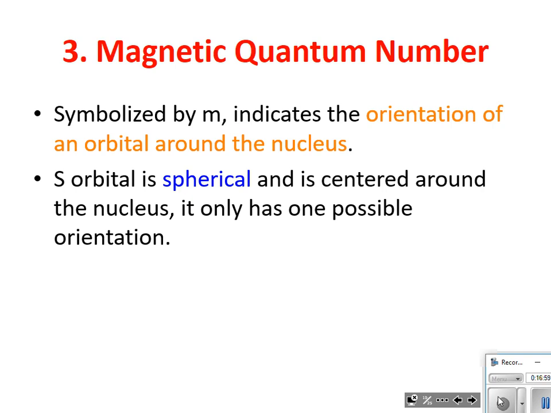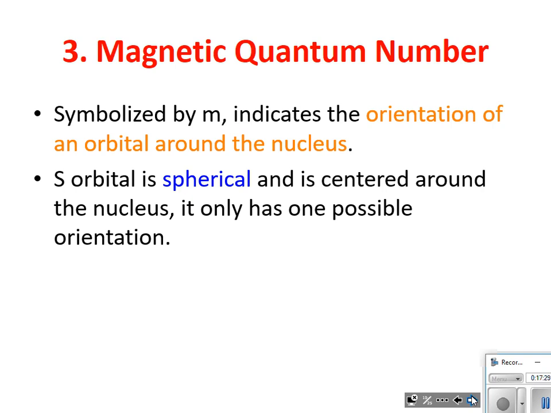We stated that the angular momentum quantum number, the shape of the orbital, was the second quantum number. We know that the s orbital is spherical in shape. It has one possible orientation around the nucleus. However, how many p orbitals did I tell you there were? 3.